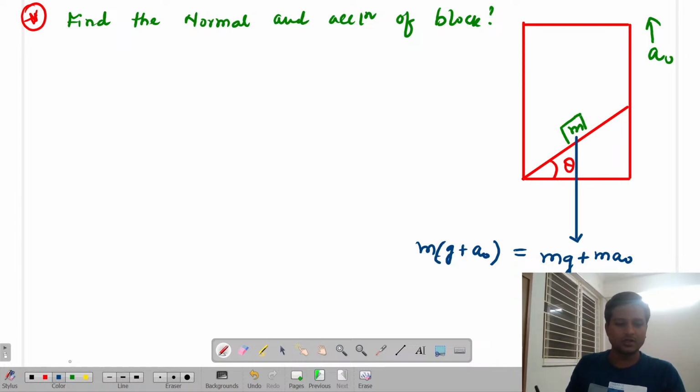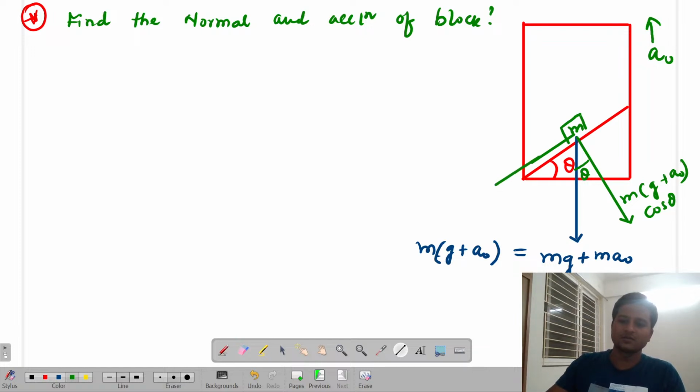Now, if I look over here, then along this side, that is M into (G plus a naught) cos theta. Are you able to get me or not? And similarly, along the direction of this side, what will be that?